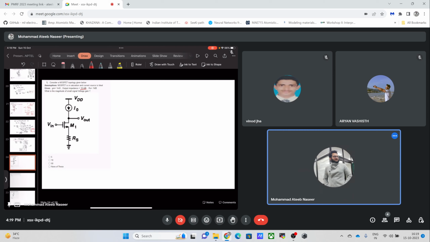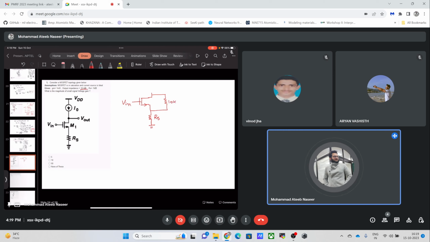Now if I draw this again, it will simply look like this. This is our NFET, this is our source resistance RS, and we have this 10k value of output impedance.